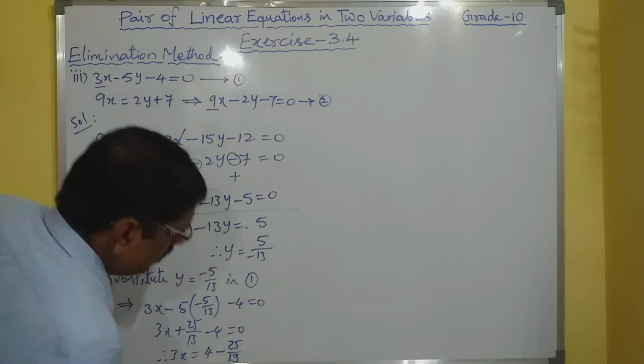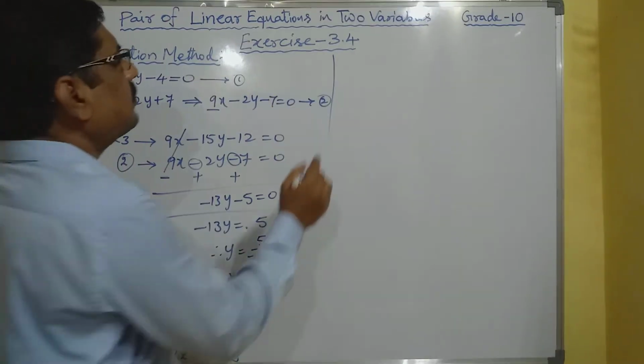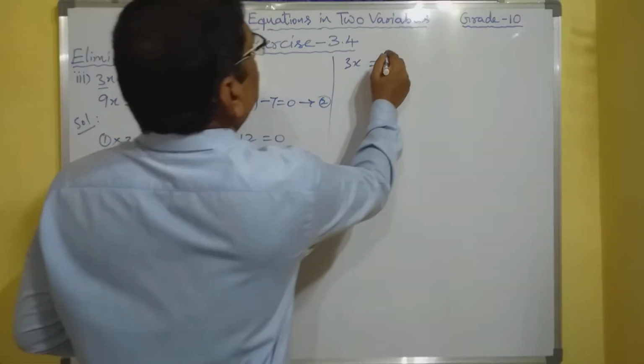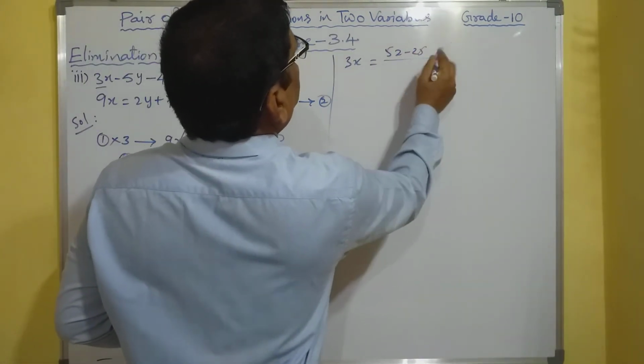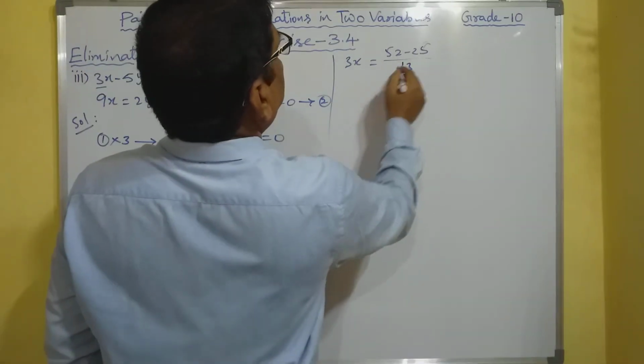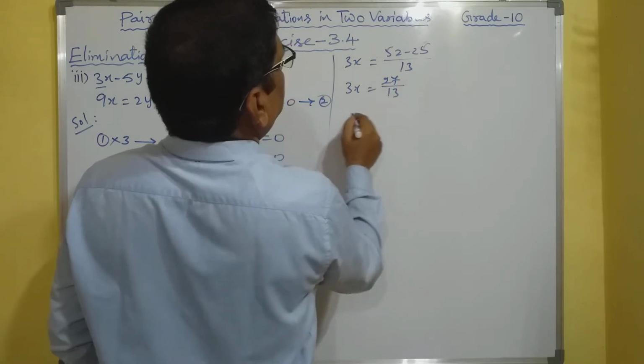Okay. Now look at this. 3x is equal to 13 fours are 52, minus 25 by denominator 13. Therefore, 3x is equal to 52 minus 25 is 27 by 13.